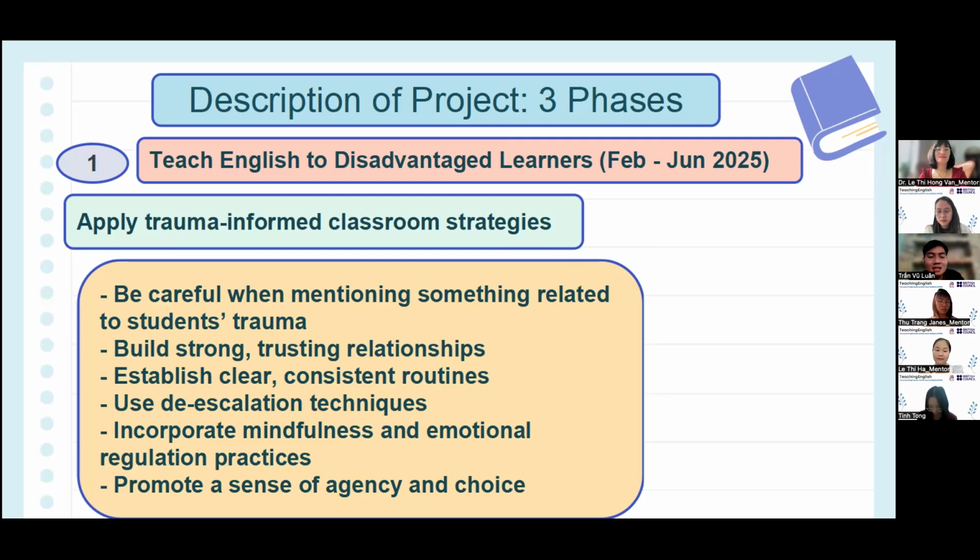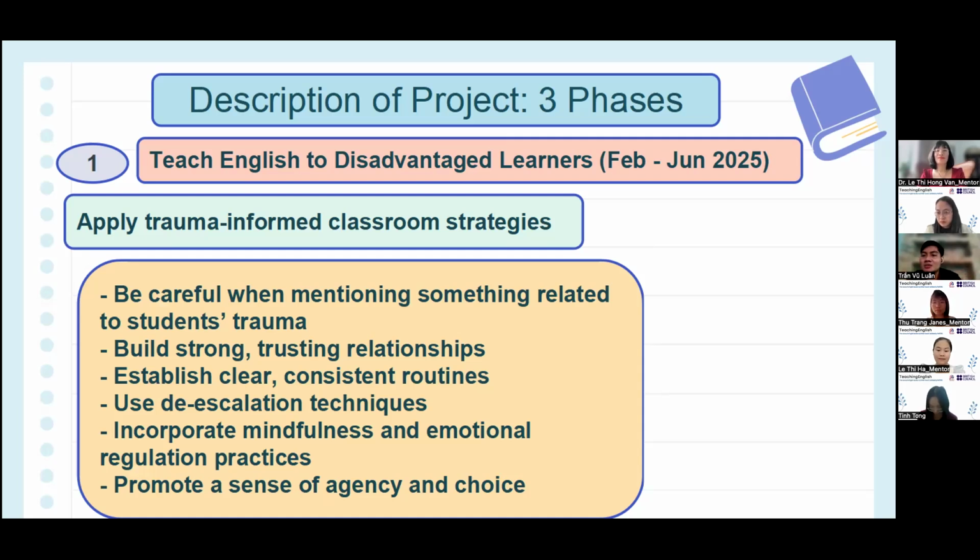The second one is to build strong, trusting relationships. I will give you a strategy: ask, listen, empathize, and share. You ask them some questions to know more about your students, and then you listen to their stories. You pay attention to what students are saying, and then you empathize.